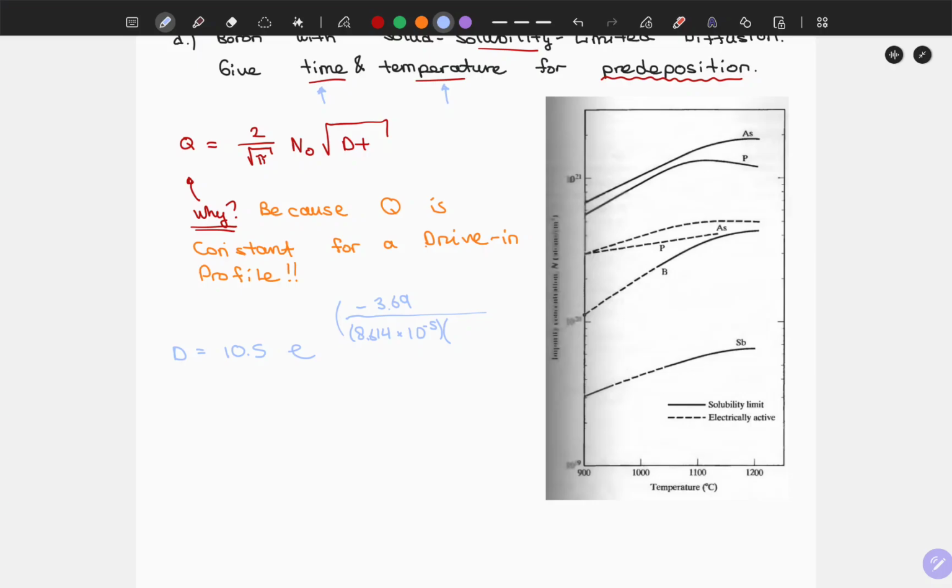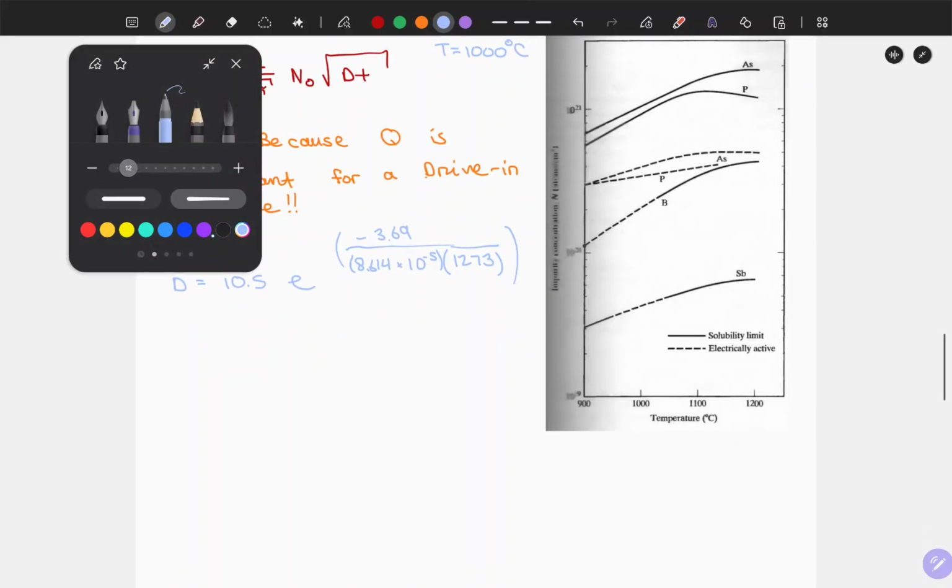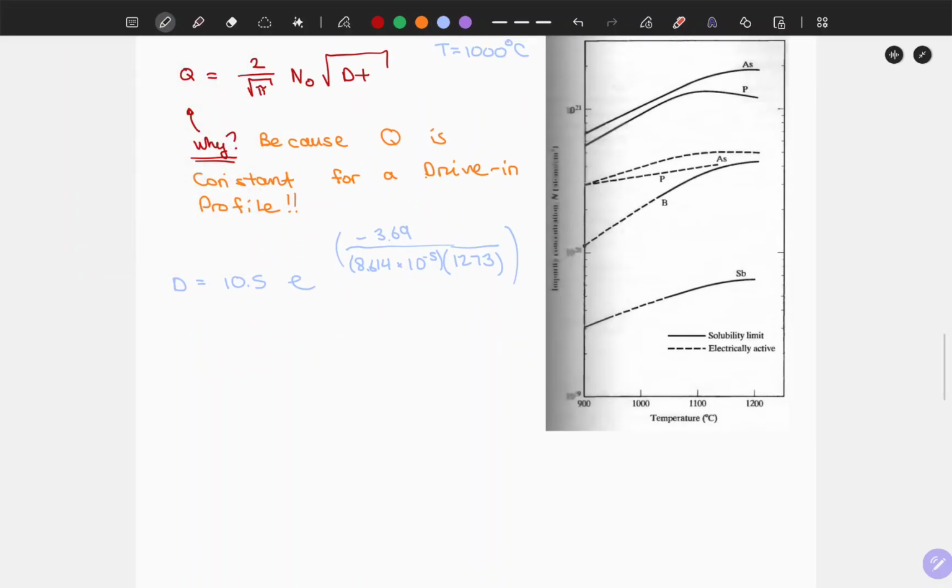I think choosing a temperature is easier, and let's say our temperature is 1,000 degrees Celsius, which would correspond to 1273 Kelvin. If this is inaccurate, we could adjust this. But for now, let's choose that temperature. It's a good benchmark. And at that temperature, we get D is equal to approximately 2.55 times 10 to the negative 14th.